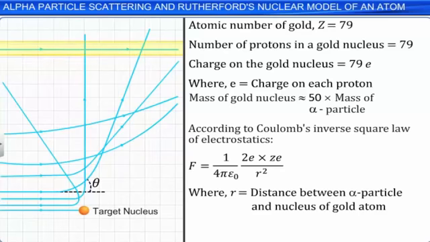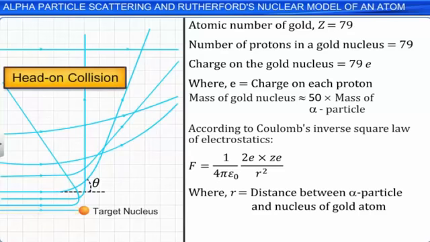For relatively small values of b, that is, when the alpha particles are directed very close to the nucleus, there are huge deviations. If the alpha particles are directed in the same line as the gold nucleus, then they undergo a head-on collision, in which case the impact parameter is the least and hence the scattering angle is approximately 180 degrees.